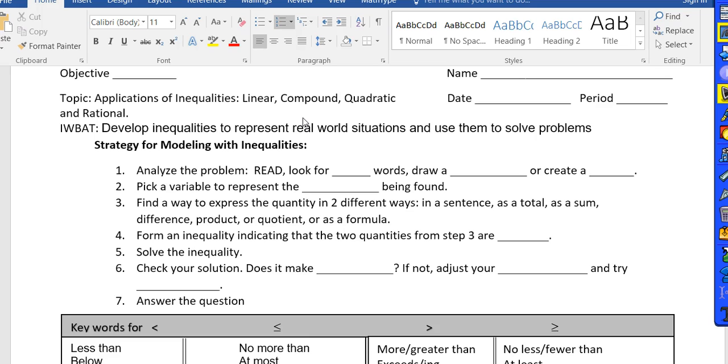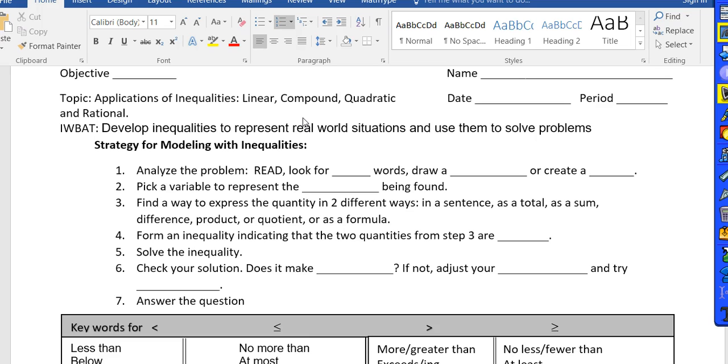When we did linear equations, we put it in application. We solved real world problems, and they were hard. Remember we were doing mixing solutions and all that? It was hard. And then after we did quadratics, we did word problems again. And now we've done inequalities, so we're going back to applying them to real life.